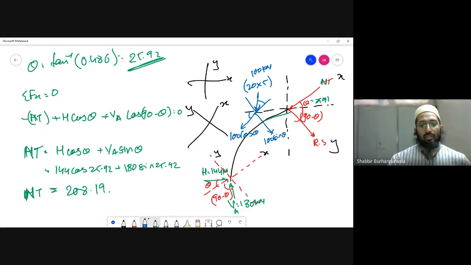Putting that into the equation, we'll have a different answer. The horizontal component is acting in the minus direction, so minus 100 cos of 25.92.